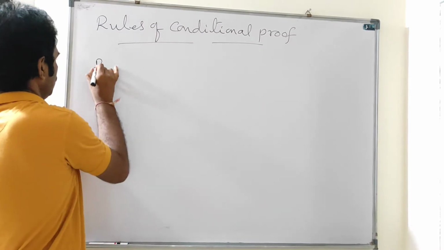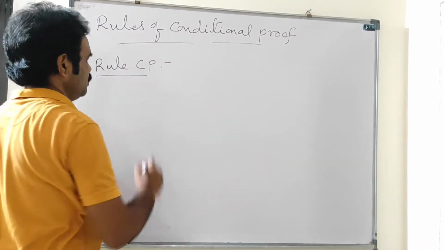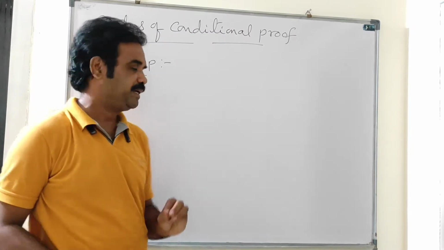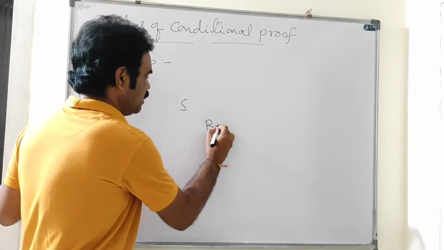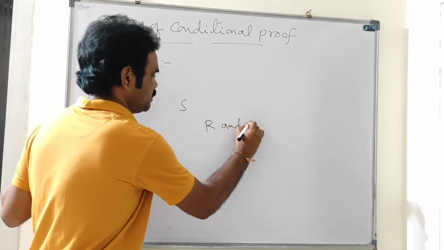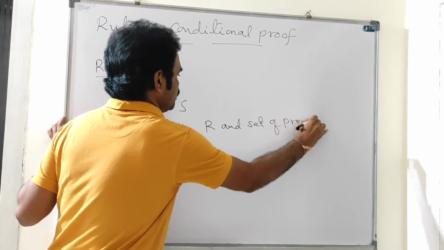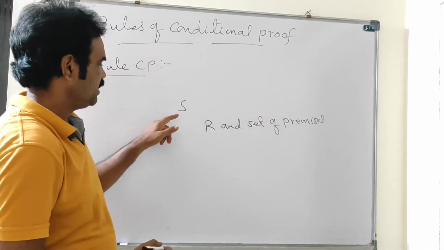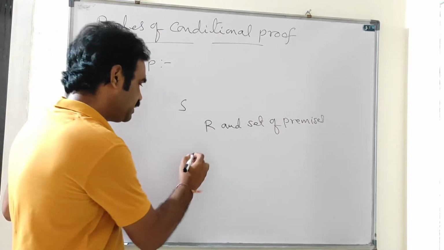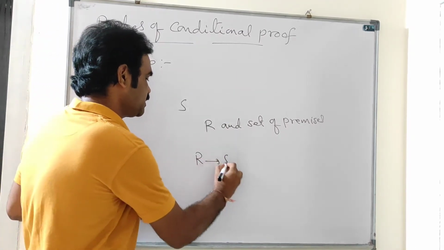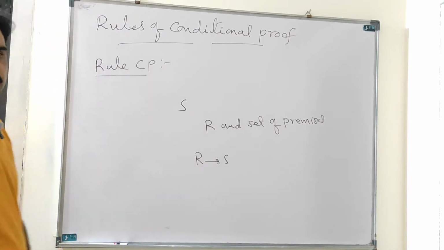Rule CP means if we derive S from R on a set of premises, then we can derive R implies S from the set of premises alone. This is rule CP.